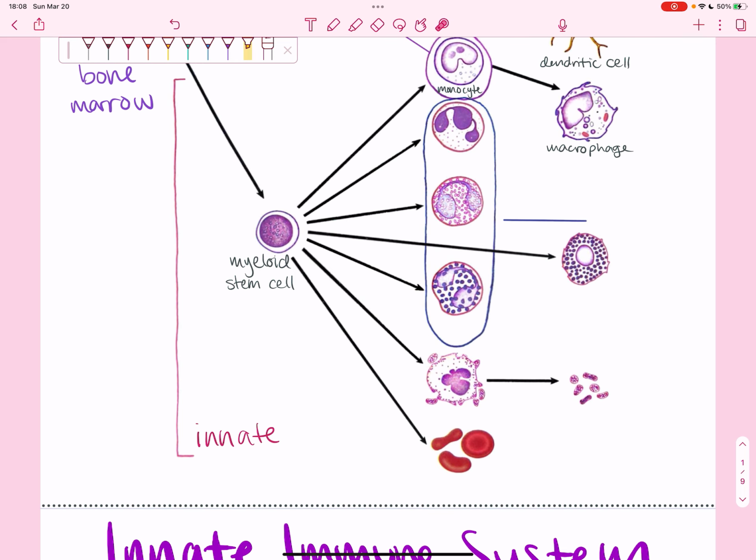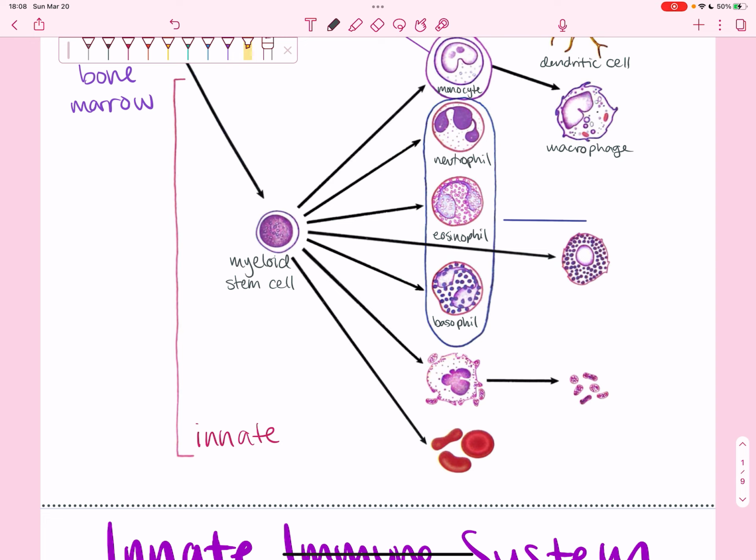Okay, then here you see these three guys circled in blue, and I guess it also includes this guy, but you'll see what I mean in a minute. So circled here, we have a neutrophil, then an eosinophil, and a basophil. I hope you can read my chicken scratch. I apologize.